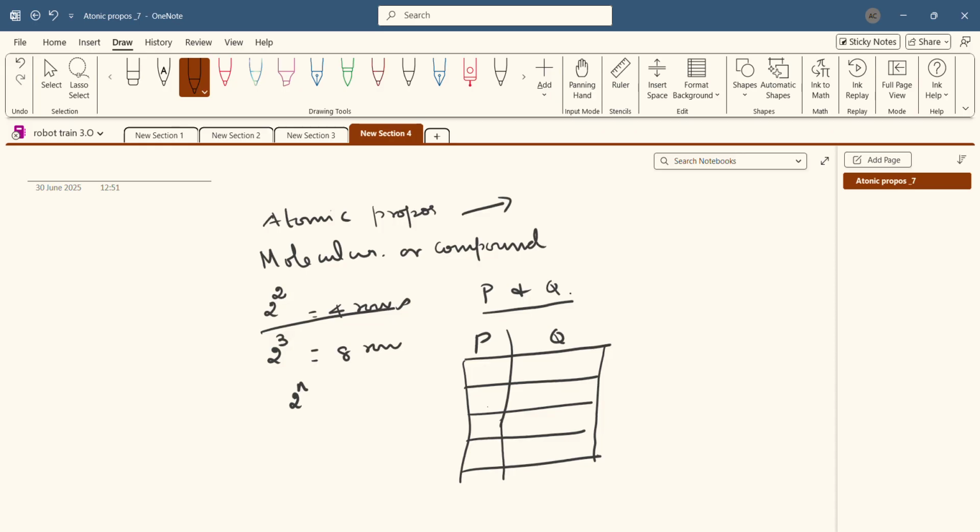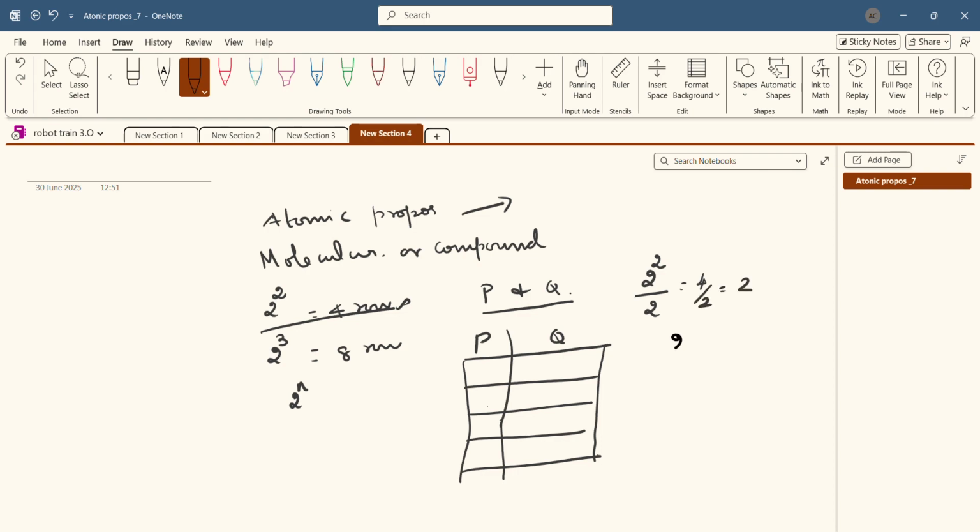We should have some method. Suppose we have 2 simple propositions, then we have 2 columns. In the first column, we take 2 squared divided by 2, which is 4 by 2, which is 2.